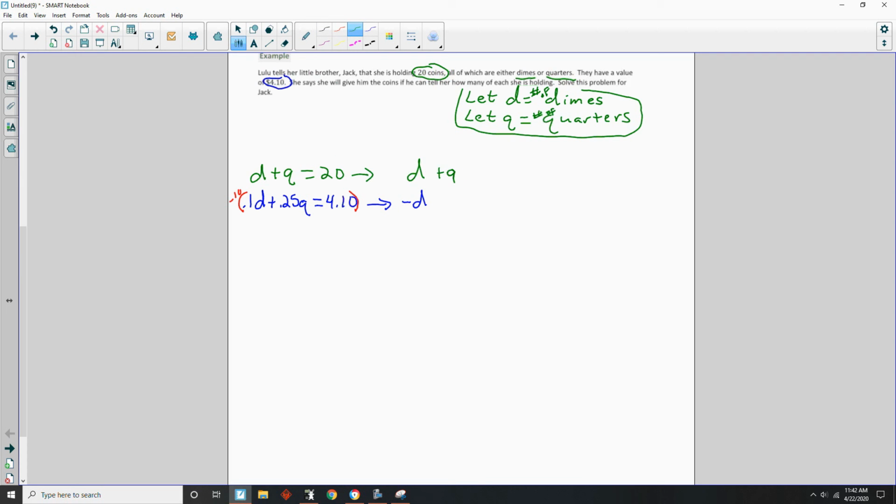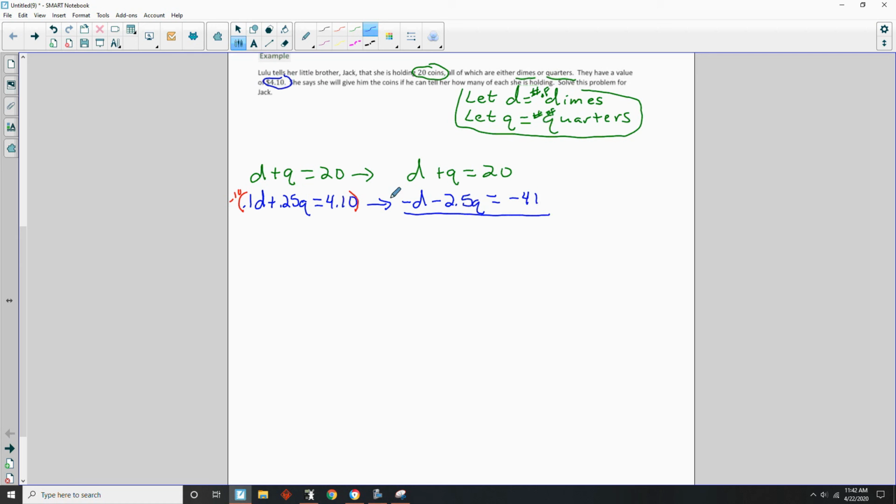D plus Q equals 20. I also could have done something to get rid of the Q's. I could have multiplied by negative 4. Okay. Anyhow, negative 10 times 0.25 is negative 2.5 Q equals negative 10 times 410 is negative 41.